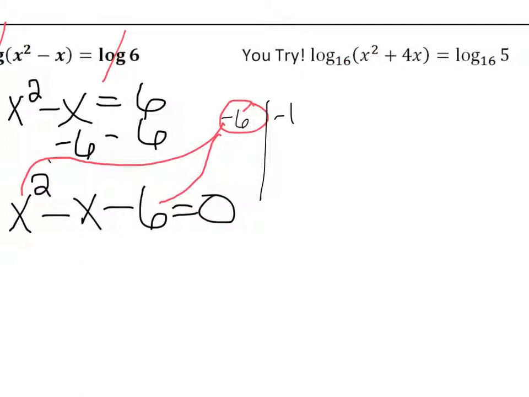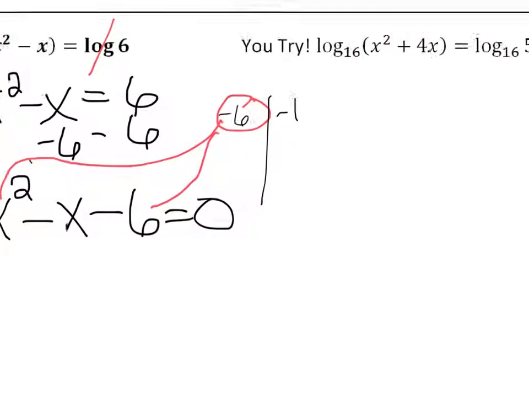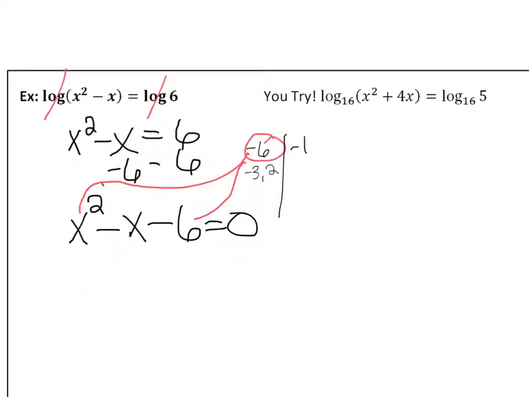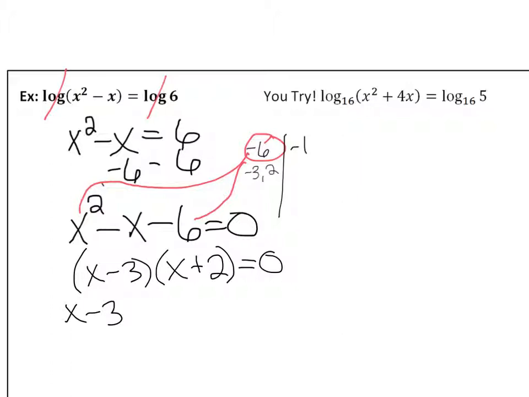So take a second and try to remember what those factors would be. Hopefully you thought of the pair negative 3 and positive 2. Because this is easy factoring since the coefficient's 1, we can go directly to x minus 3 and x plus 2. And now we set both of them equal to 0 and solve.